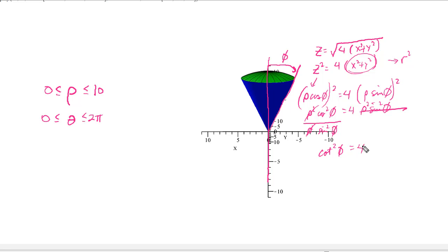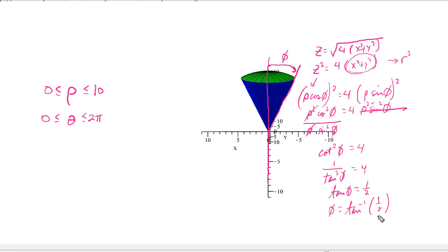I don't particularly like dealing with cotangents, although on a TI-89 you could do that just fine. So we'll write this as 1 over tangent squared phi. We'll take the square root of both sides and flip it over. So we'll get tan phi equals 1/2. So then our phi would be the arctan of 1/2.